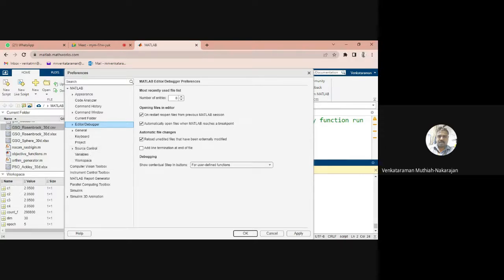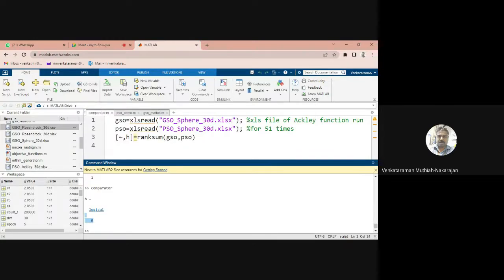So what we see is output H is 0, which means the PSO and GSO have no significant difference in performance. So whether you choose GSO or PSO for the sphere function, they are not performing differently. The performance is identical for this particular function.